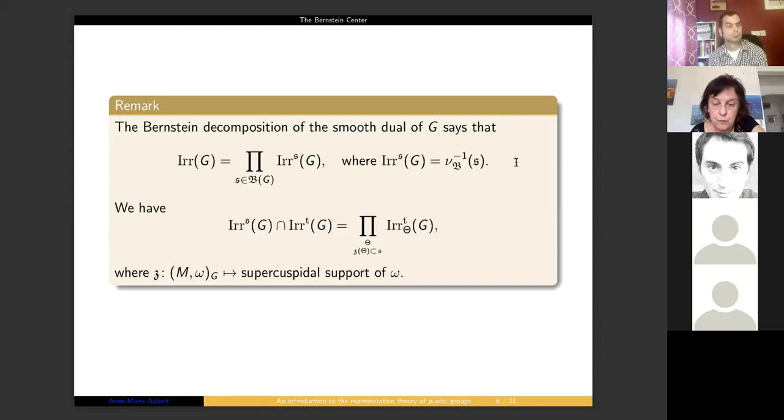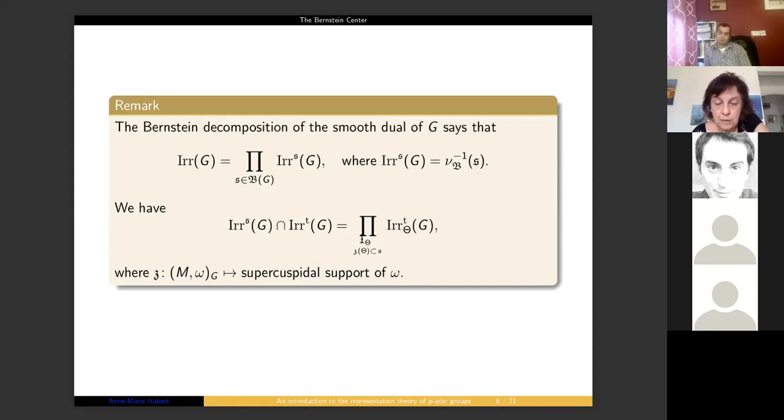Okay, so this is it for the Bernstein decomposition, but the previous days we were interested in tempered representations. So we could consider the intersection of these two decompositions. If you fix S, in the block R_S, I will set for the category of the block, and for the series, for irreducible representations, we consider the series attached to S, and inside this series we look at all the representations that are tempered.